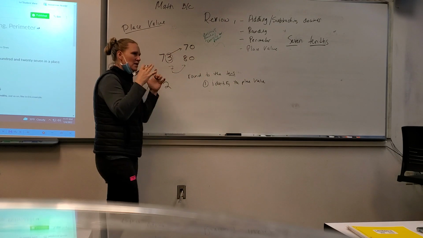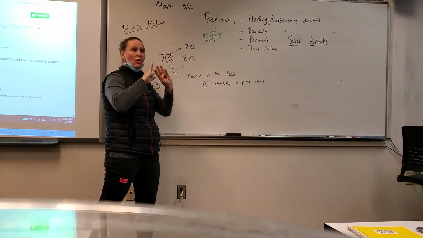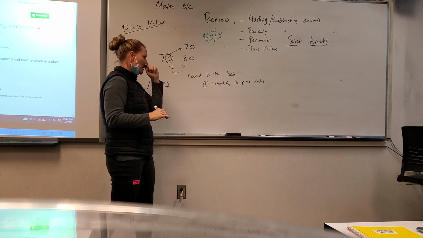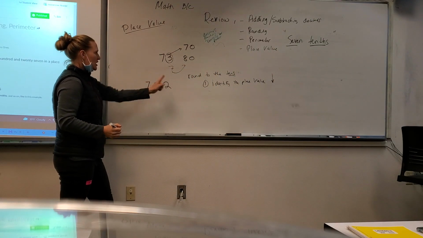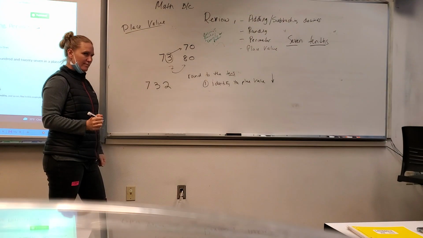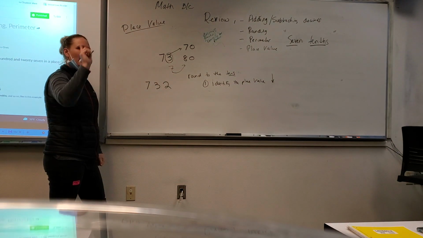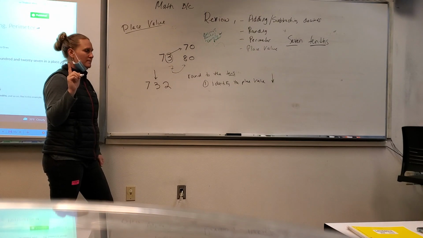I have a process, I kind of have OCD for some things, so I do some things religiously all the time, and rounding is one of those things. I identify the place value with an arrow. What digit is in the tens spot? The 3. Fantastic. So I identify it with an arrow. That's my step 1.